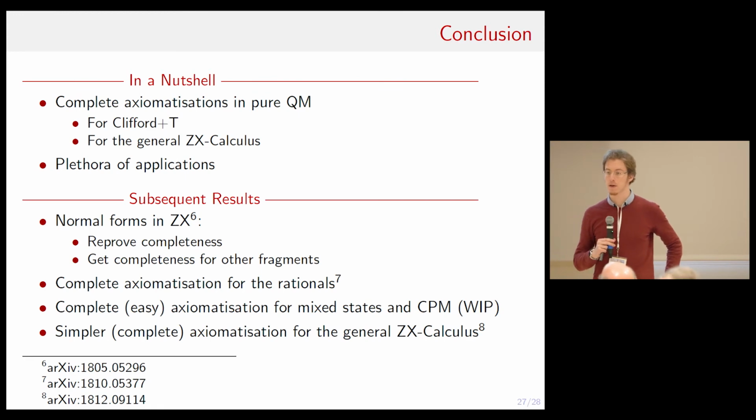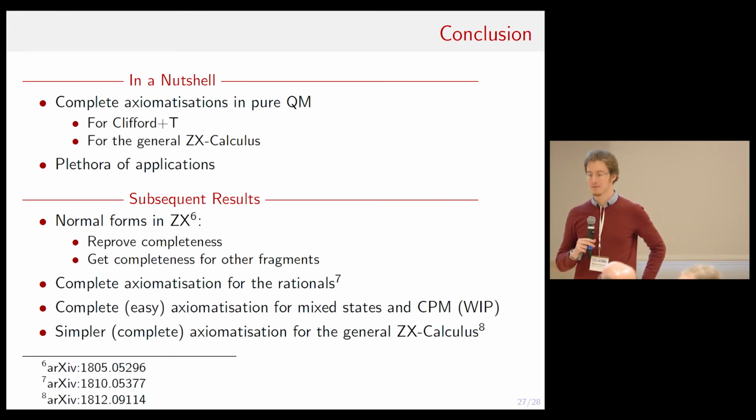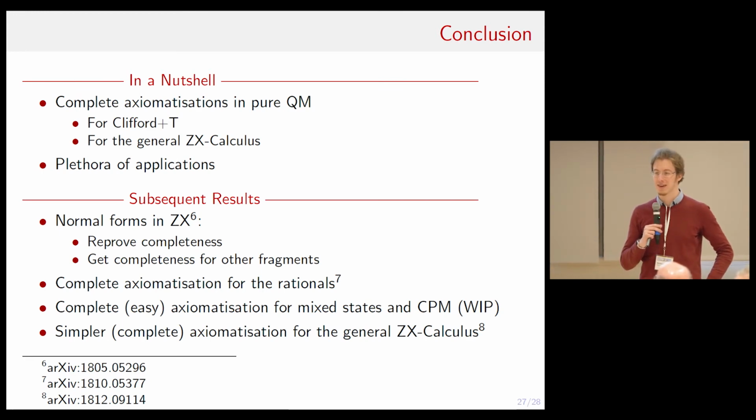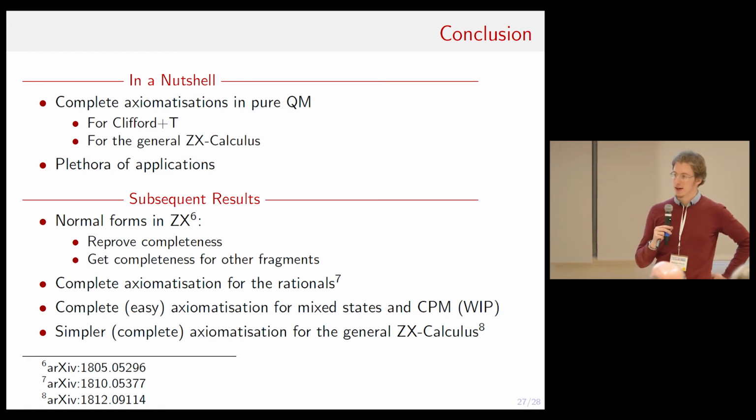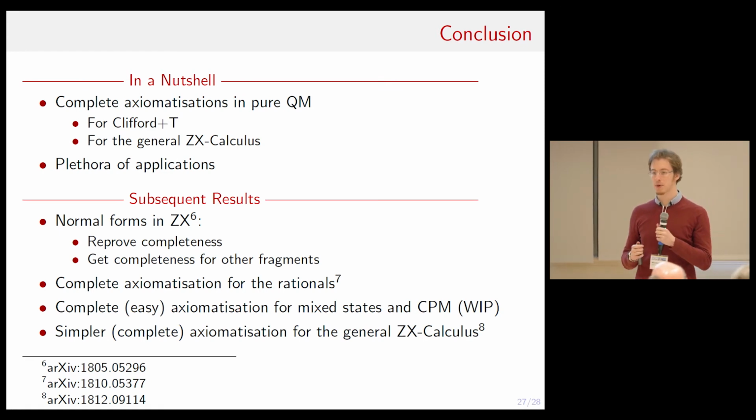I see a lot of similarities here with tensor network notation. And in tensor network notation, it's pretty easy to write down a linear combination of two quantum operations. So I was wondering if in the ZX calculus, you've ever thought of any sort of a sum rule for summing two ZX diagrams? It's not really the point of the ZX calculus to be able to write this kind of thing down.